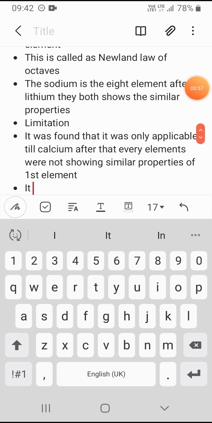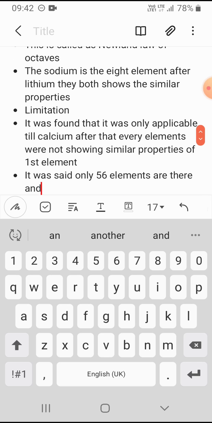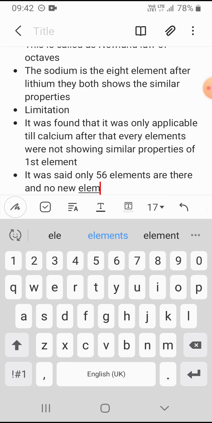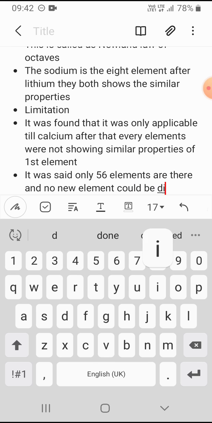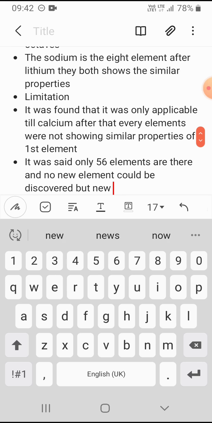It was said that only 56 elements were there at that time and no new element could be discovered. But new elements were discovered in future.